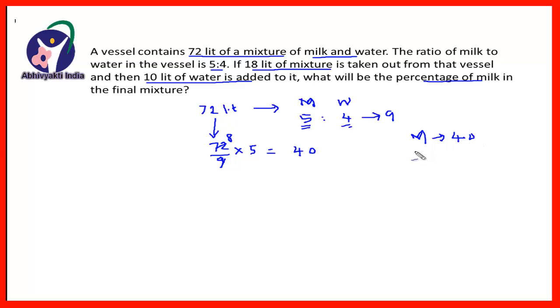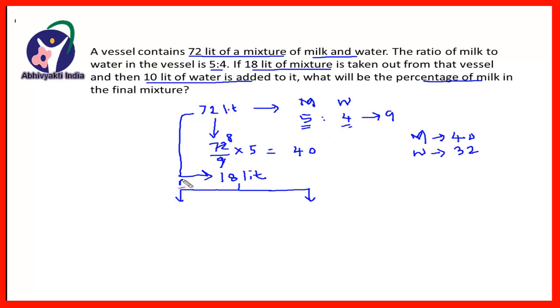And since milk is 40 liters, water will be 32 liters because the total mixture is 72 liters. Now from this mixture 18 liters of mixture is removed. It means from this 18 liters, the milk and water ratio will be 5:4.